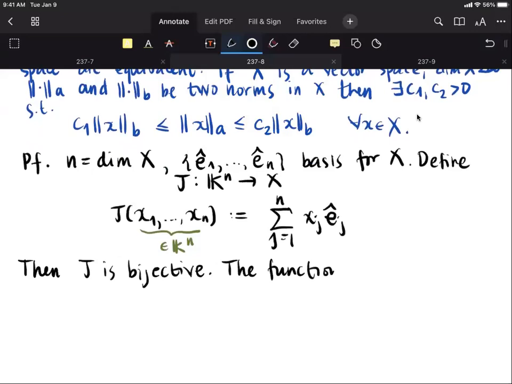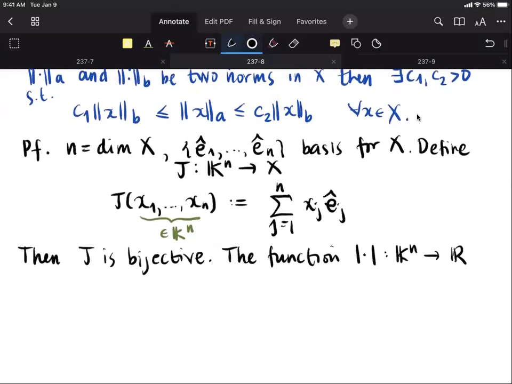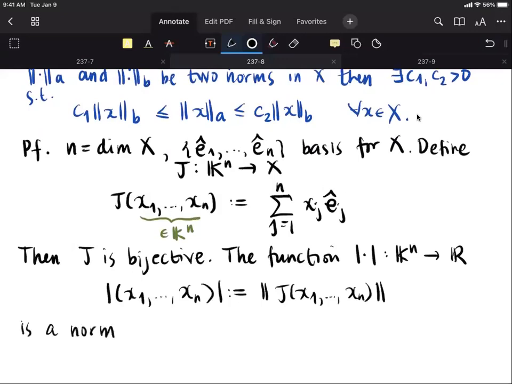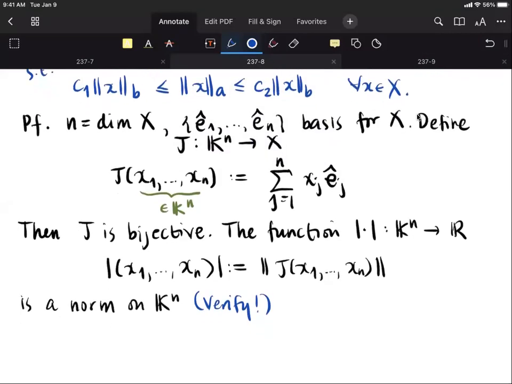The function defined from K^n to R is given as follows. You take the norm of the image. You can verify that this is indeed a norm on K^n. I leave the details for you to check.